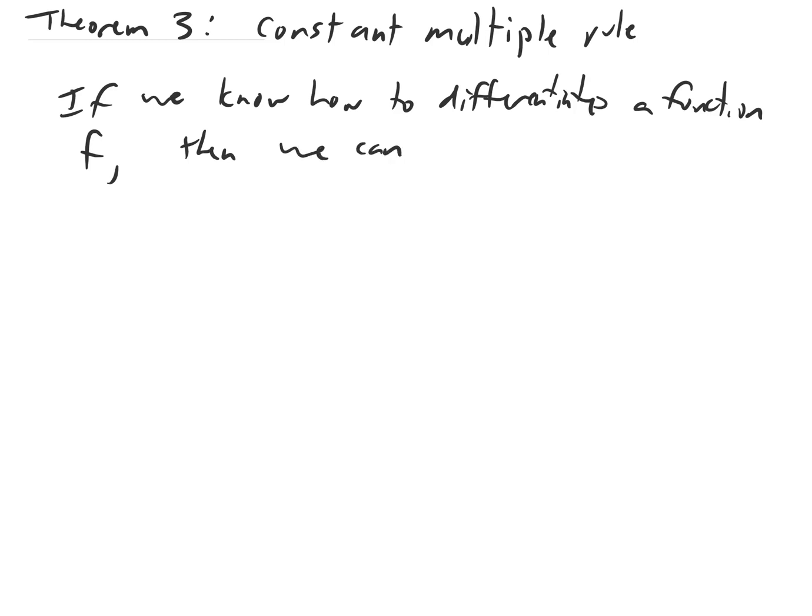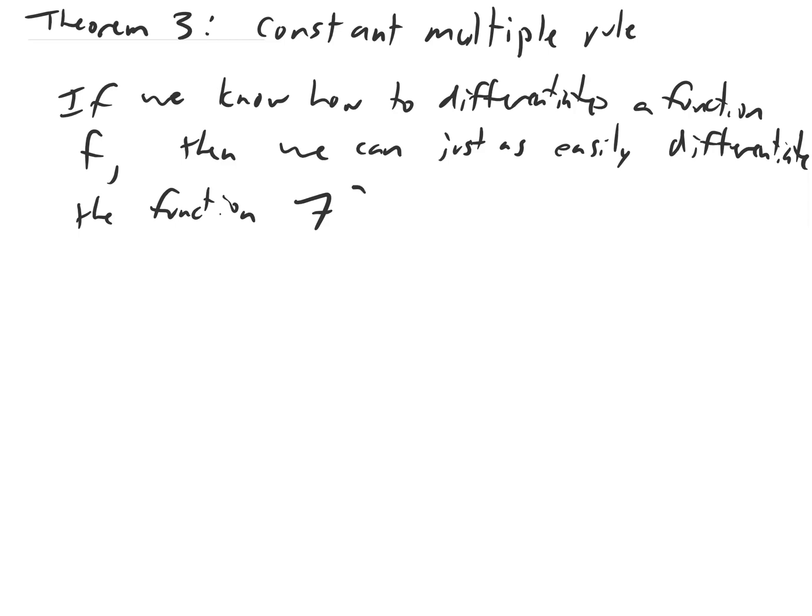All right, then we can just as easily differentiate the related function 7 times f. And it's the easiest thing it could be. It's just 7. So the derivative of 7 times f is just equal to 7 times the derivative of f. So 7f prime.